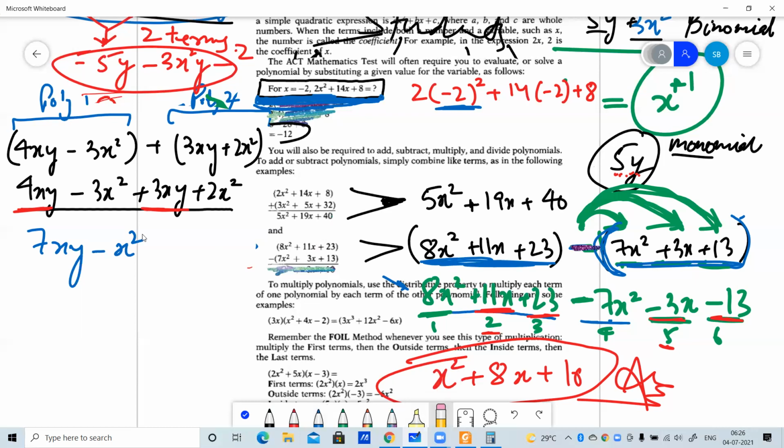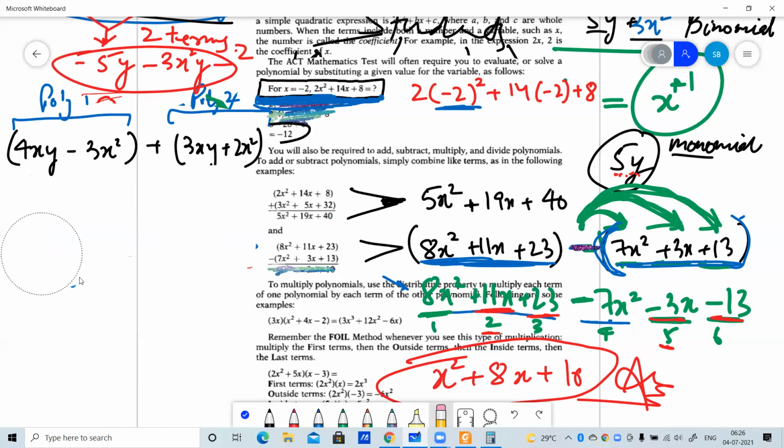Now let us subtract these two. So for the plus sign in between, I will write the negative sign in between. Now I can write it as 4xy minus 3x squared. Now this negative sign will be distributed to 3xy and 2x squared. So negative times positive 3xy will be negative 3xy, and negative times positive 2x squared will be negative 2x squared.